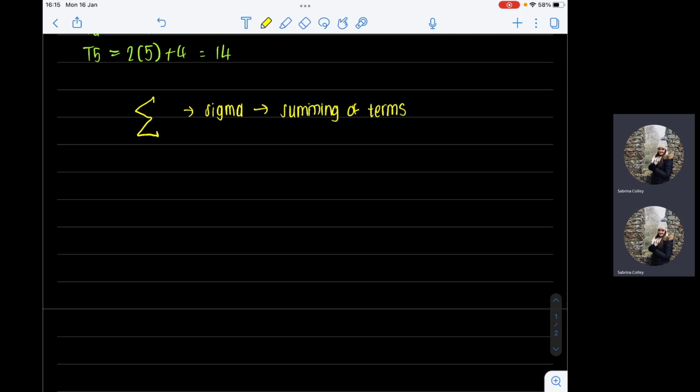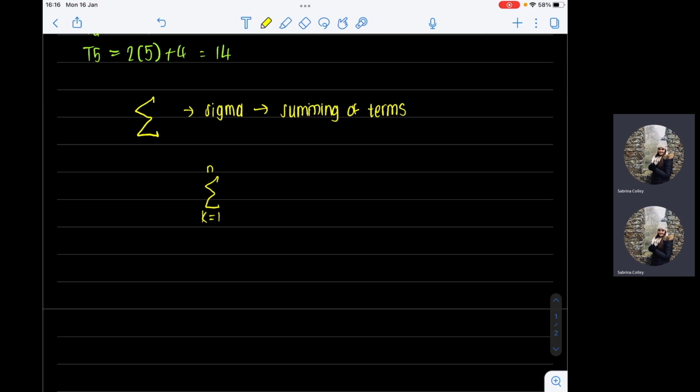So for instance, how it works is we would put sigma, then at the top we would put n. Now that n basically tells us what term this sequence goes up to. Then at the bottom we would say k is equal to 1, or we would say k is equal to 2.